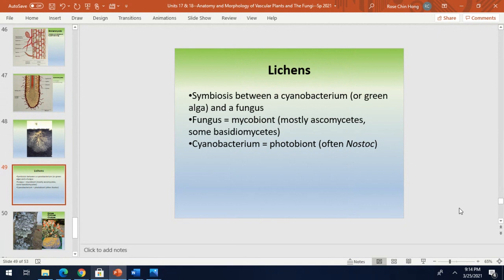The fungal component of the lichen is the mycobiont, and it's mostly ascomycetes, and some could be basidiomycetes. And then you have cyanobacteria like Nostoc. This is the photobiontic component of the lichen.